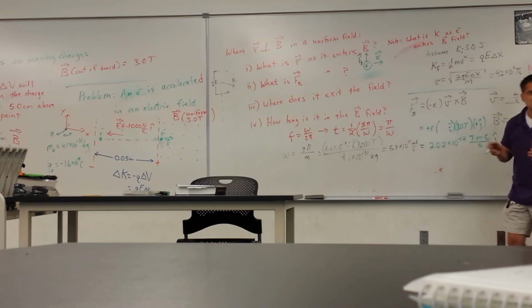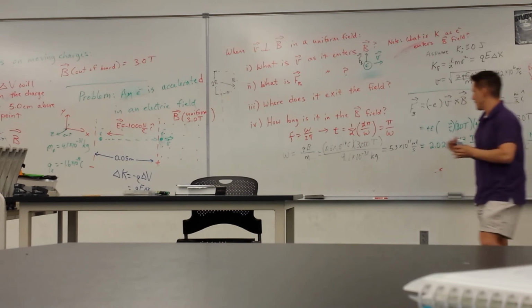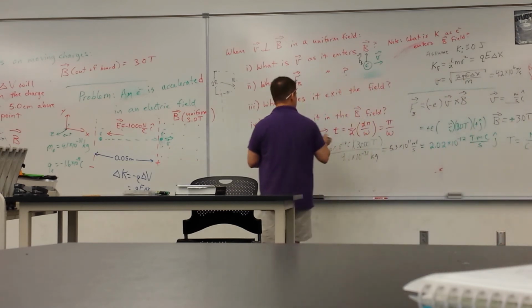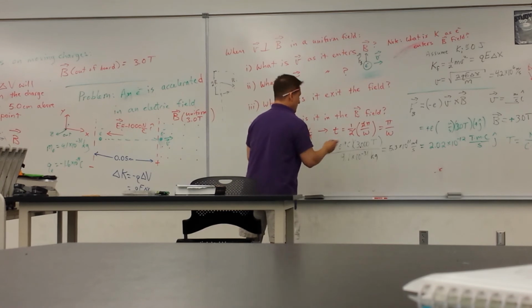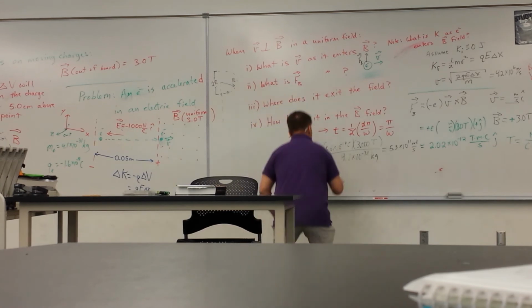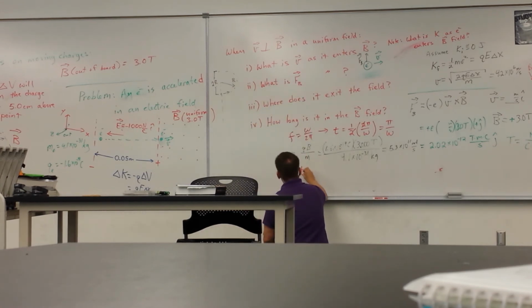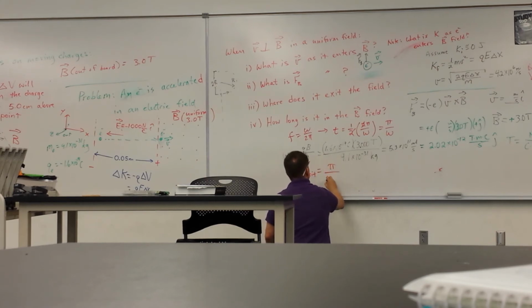Is that about right? Oh, yeah, you do it a different way, that's okay too. This just happened to be the way that I set it up. So the exit time would be pi over 5.3 times 10 to the 11 seconds.